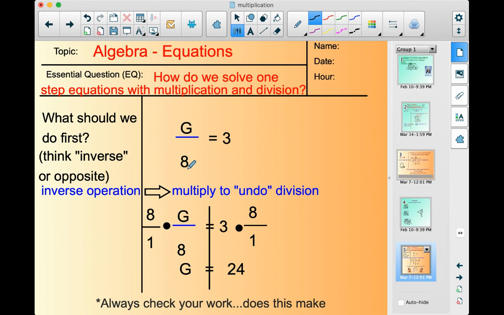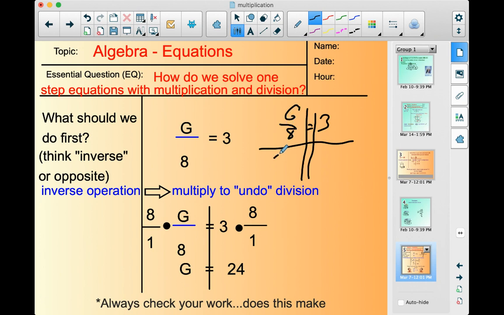Okay, we're going to do the same thing, draw our train tracks. So we got g divided by 8 equals 3. We can draw our train tracks. Again, g is being divided by 8.